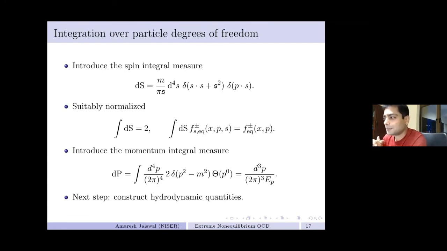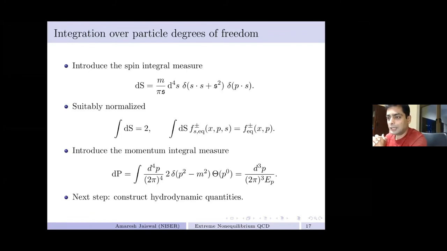If I was working with a quantum spin treatment, instead of integrating over s, I would be summing over the two spin states. So the integral over ds, which I write to be 2, is actually the number of spin states that I should be summing over. Now the point is, there is an issue with relativistic kinetic theory.